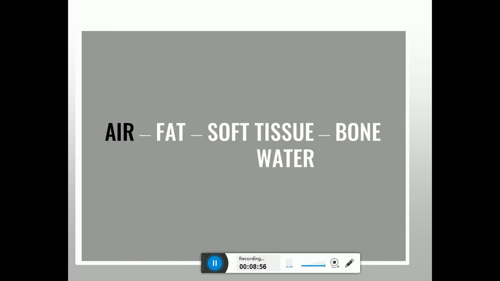Whatever tissues contain air, they will appear dark. And tissues like bone, which have a higher density, will appear brighter.